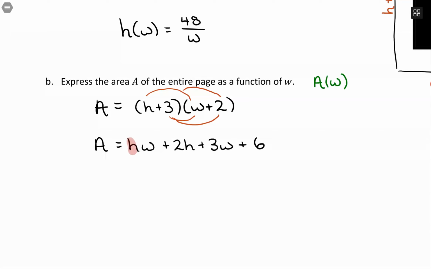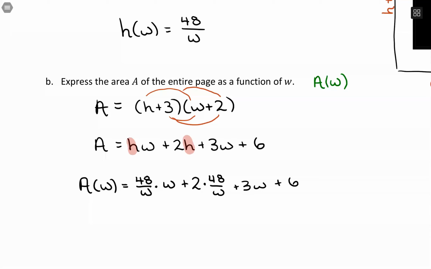I can see H popping up there and there. What I want to do is substitute in that 48 over W, because those are the same thing. So for A of W, where I had H, I'll put in 48 over W, and that's multiplying with W, plus 2 times 48 over W, and then plus 3W plus 6.